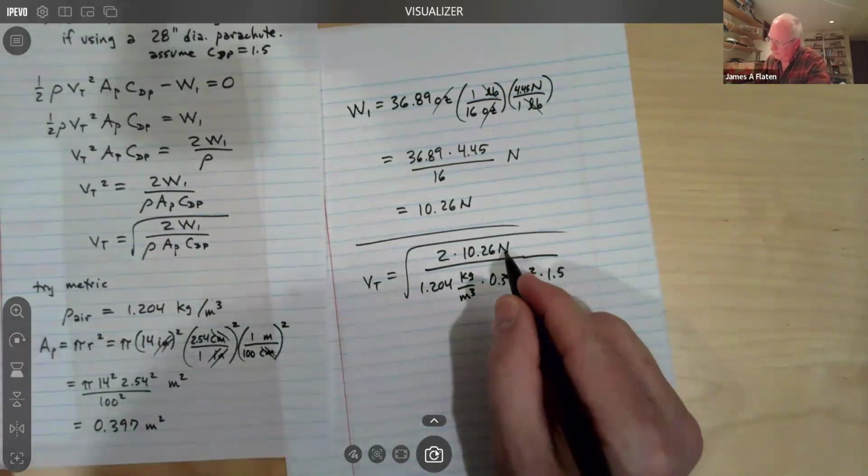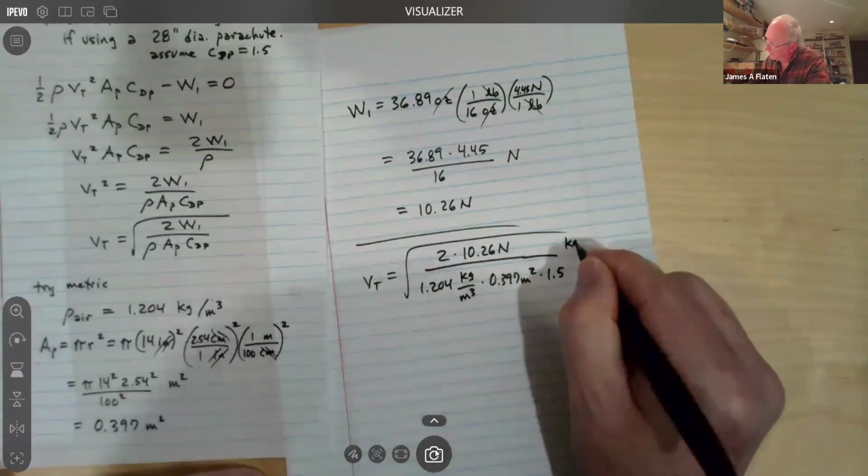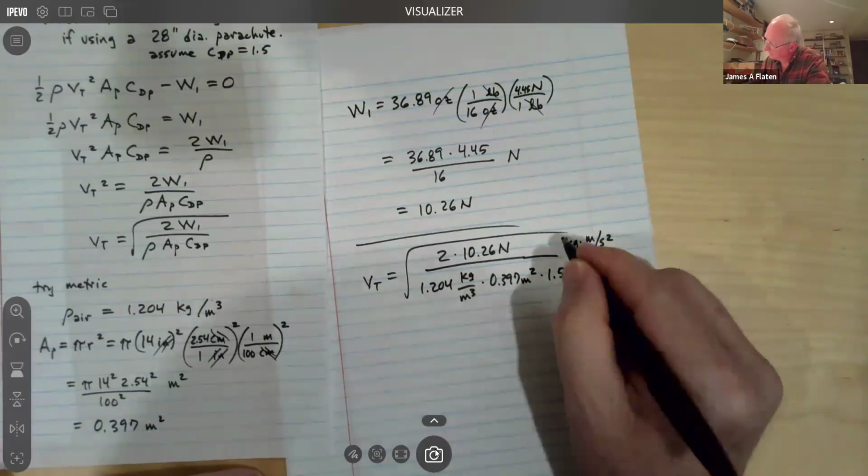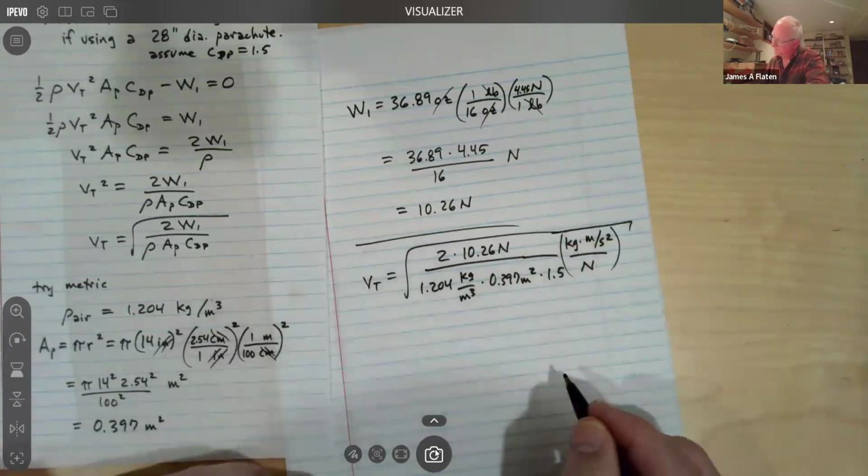And then remember, newtons are the same thing as kilograms meters per second squared. We've used that before.